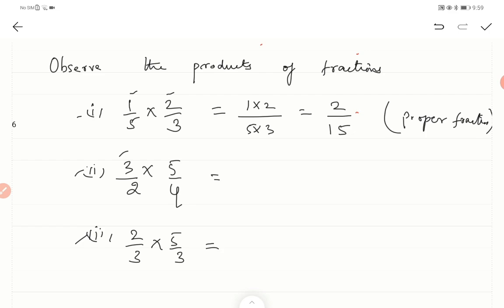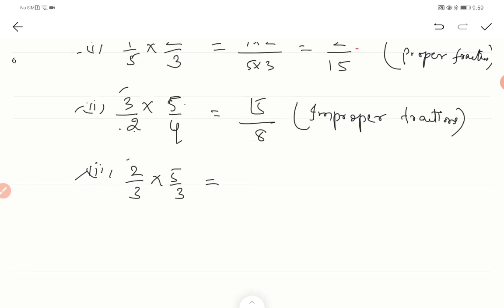The next set I took is two improper fractions. 3 by 2 is improper because the numerator is greater than the denominator, and 5 by 4 is also improper because the numerator is greater than the denominator. So the product of these two, 5 into 3 is 15 and 4 into 2 is how much? 8. So I got 15 by 8. This is the product of two improper fractions, isn't it? Now, 2 by 3 is a proper fraction or improper?